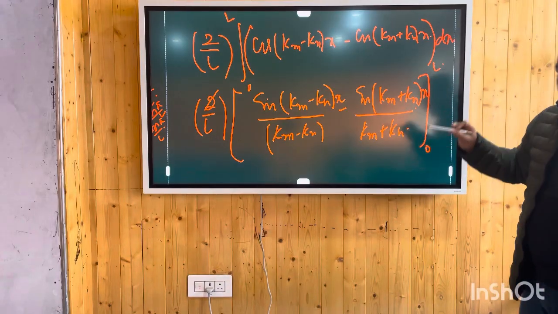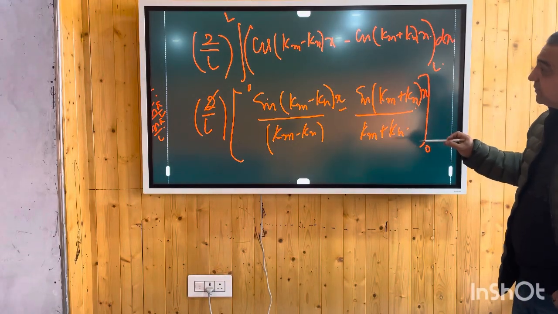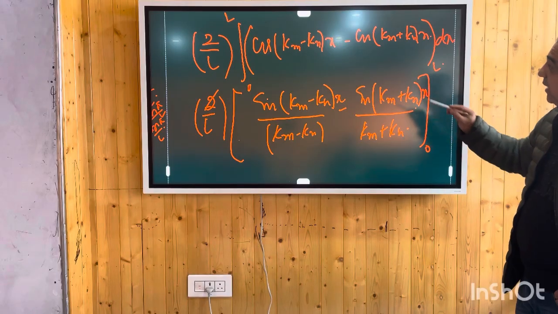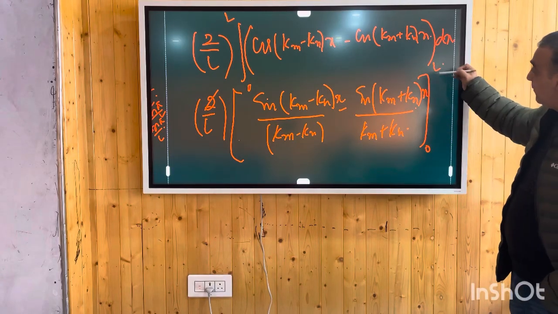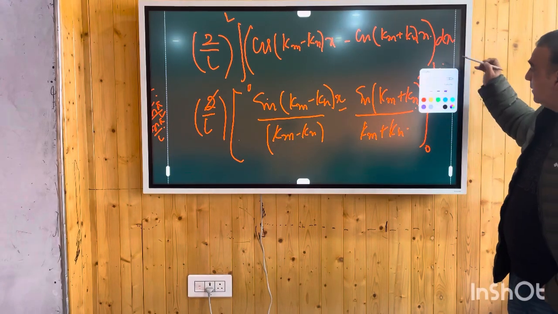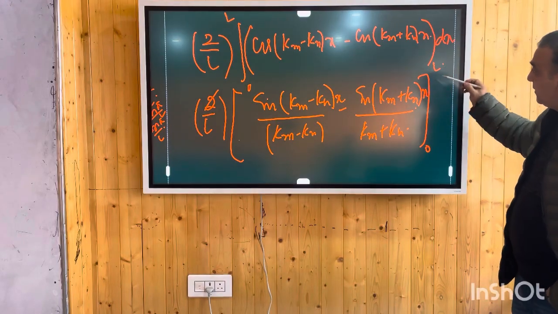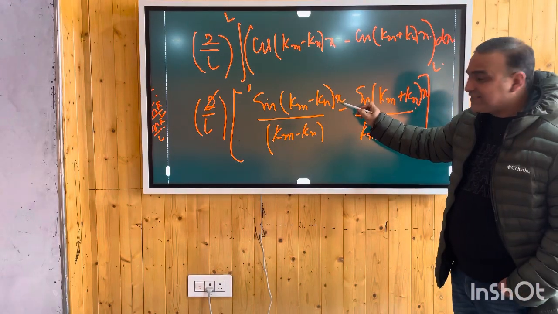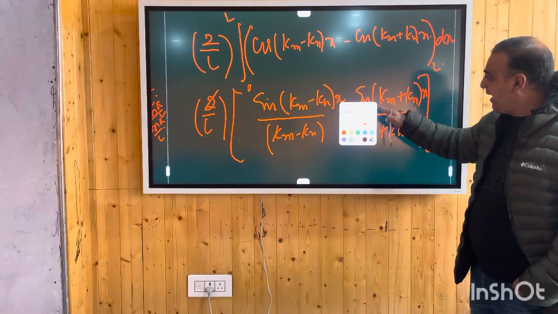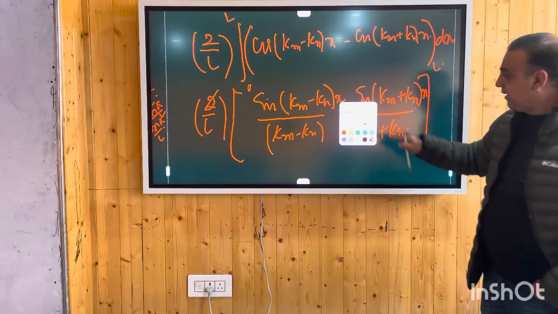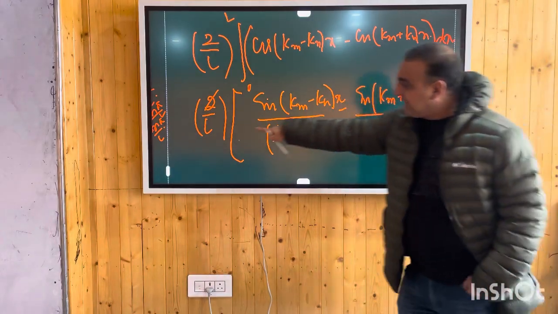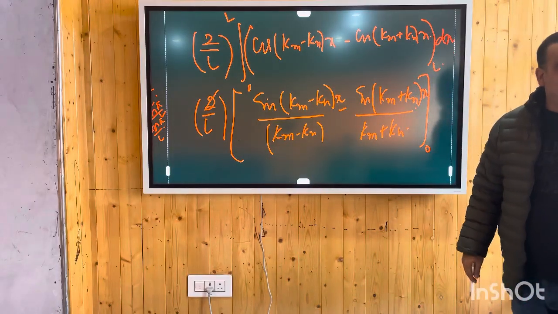Okay, so look upon this integral that we have evaluated. When we give the upper limit, this x will be replaced by L, isn't it? And that L will cancel with this L. Clear?